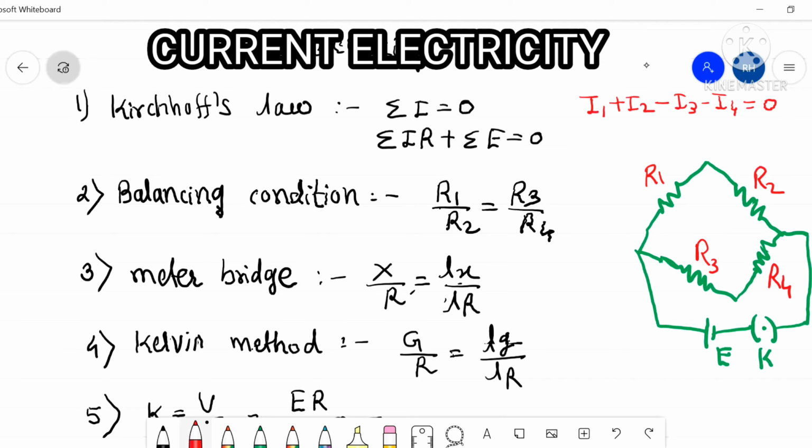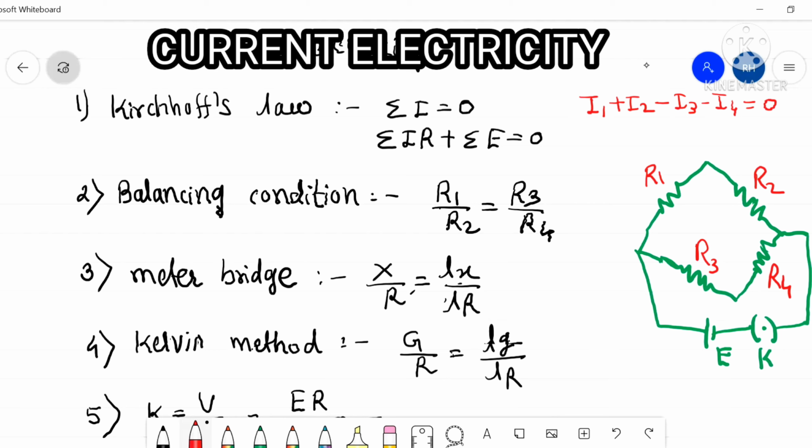Here the sign convention is mentioned with summation I. Don't remember only this symbol. If you remember only this, you can write the formula, but how it is expanded is also important, along with the sign convention of the current.